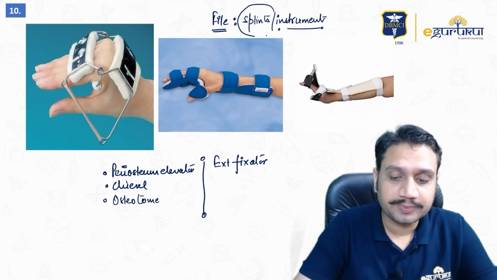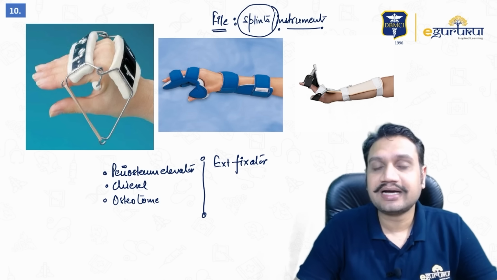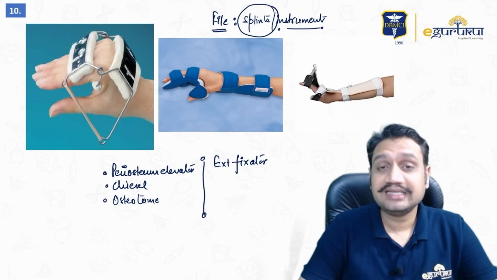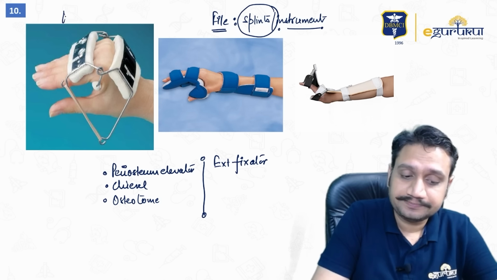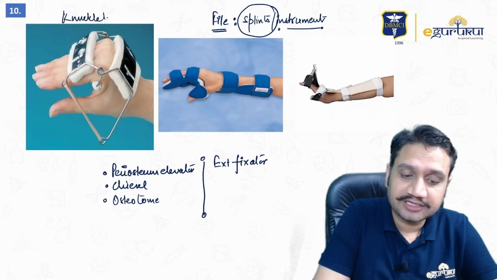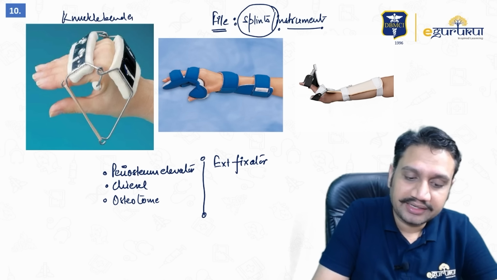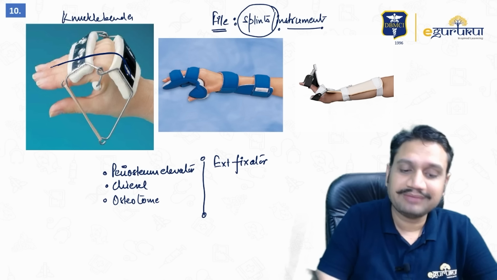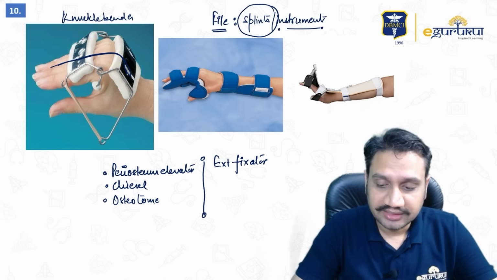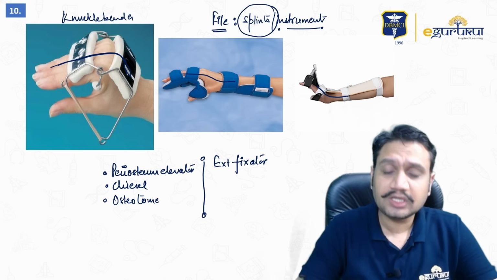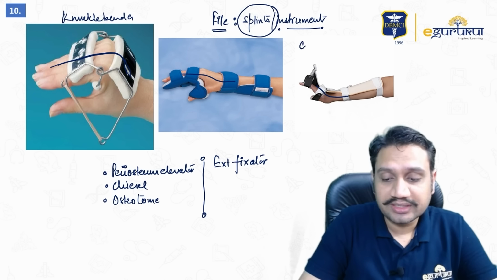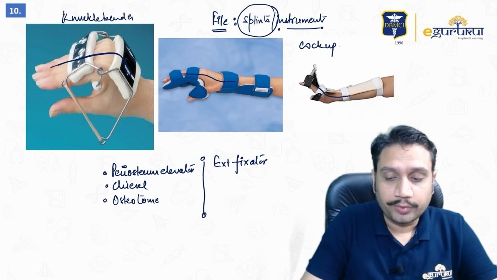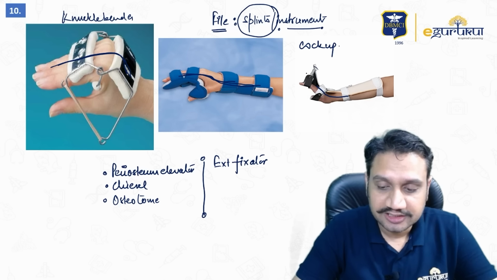When you talk about the splints, the braces, I want you to remember the braces of nerve injury. The first one that you see is what you call the knuckle bender splint, because the knuckles have been bent. Remember this, knuckles have been bent to keep the fingers extended. And in the second one, the wrist is kept elevated so that it doesn't bend down. These are known as cock-up splints. When the cock-up splint has no spring, no movement, it is known as the static cock-up splint. But here there are certain springs attached.